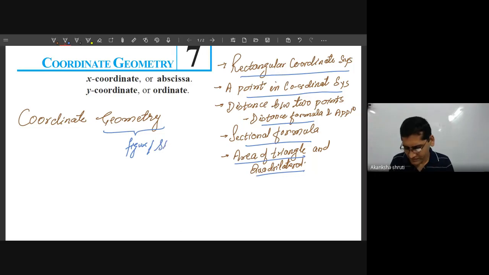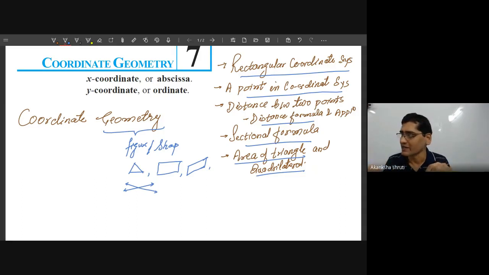Like we were considering the triangle, the rectangle, the parallelogram, rhombus, etc. Even a line need not be a closed figure. Many times it is stated that geometry is a study about closed figures in a plane. No, it is simply a study about a figure. Like a line is also one of the figures.